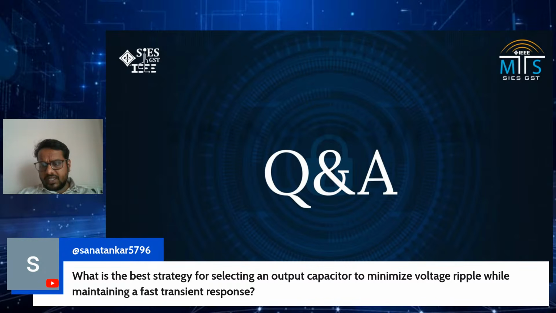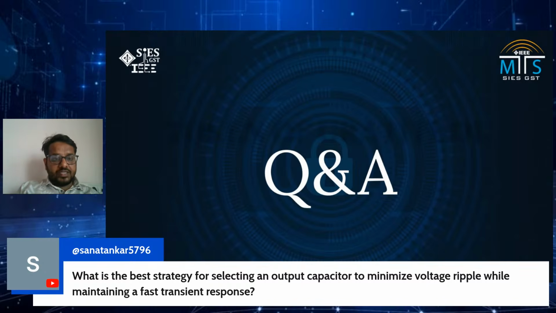The next question is from Sanatan Kar. What is the best strategy for selecting an output capacitor to minimize the voltage ripple while maintaining a fast transient response? In every application there will be a ripple requirement. Some power supplies require ripple lesser than 1%, so in that case you will have to keep the capacitor higher.